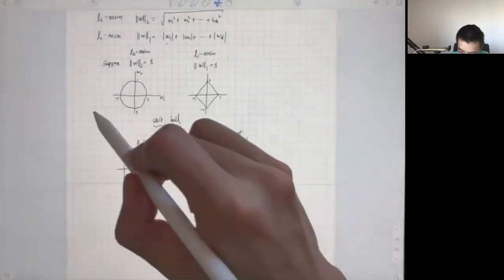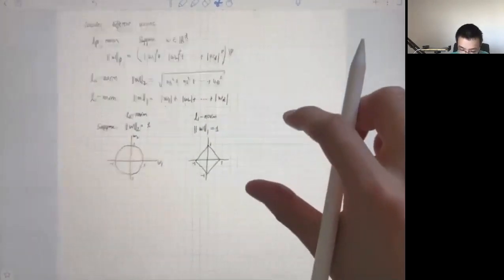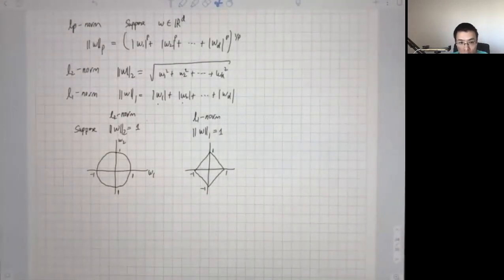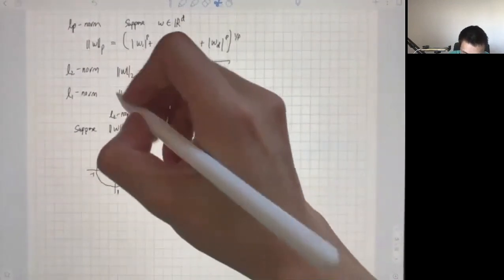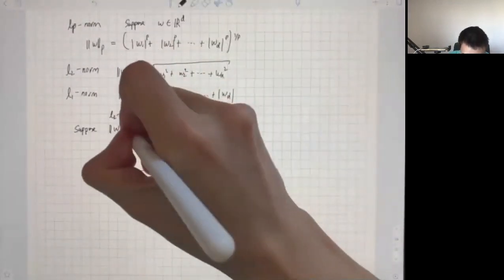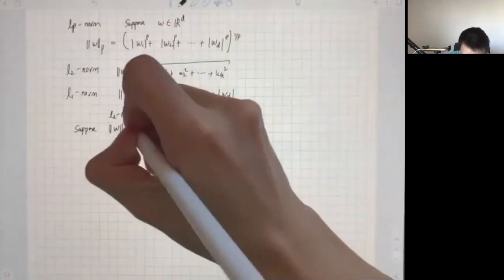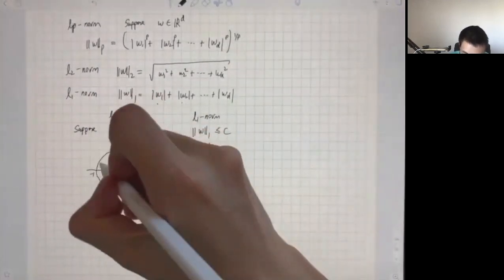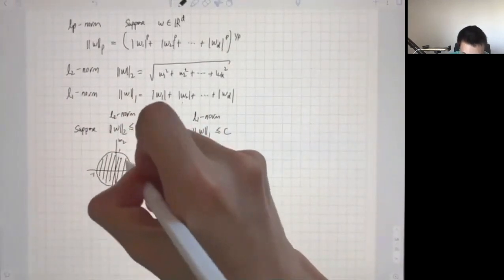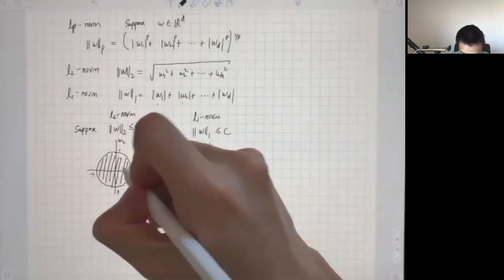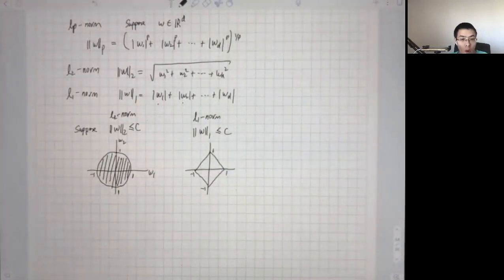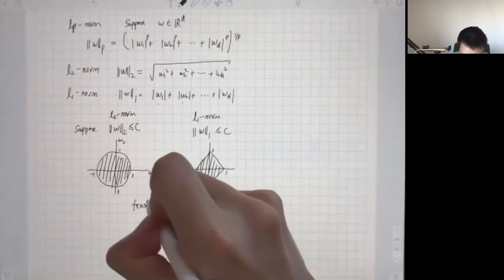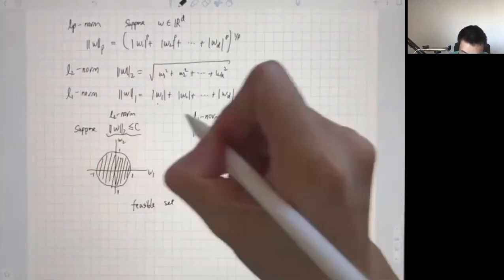So we will focus on the L2 norm and L1 norm. The circle or the diamond is where the points have unit length. But if I say the L2 norm of a vector is less than or equal to C, then I'm saying all the points within this circle, including the boundary, are my valid points, my feasible set, because they satisfy my constraint.